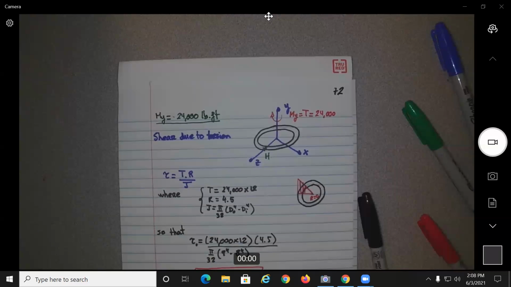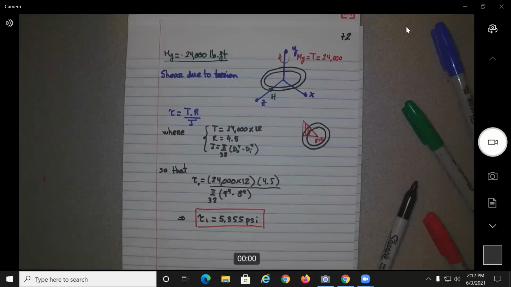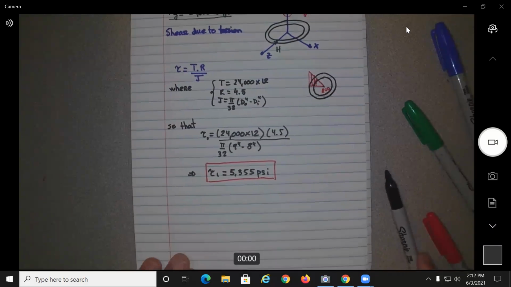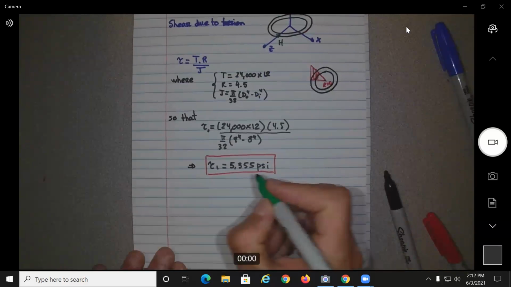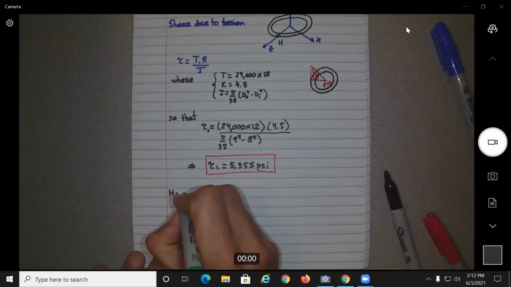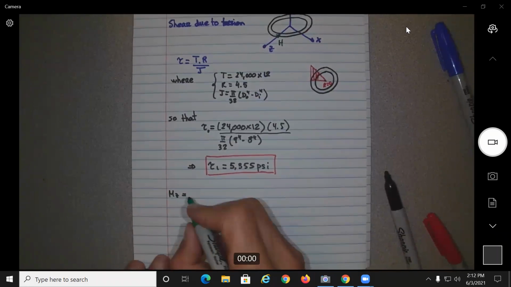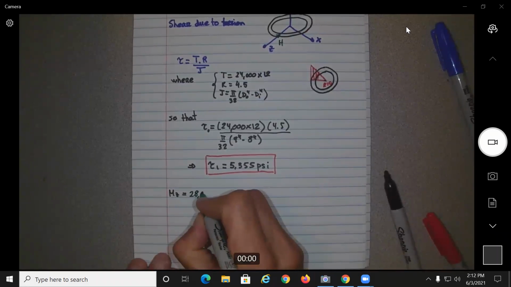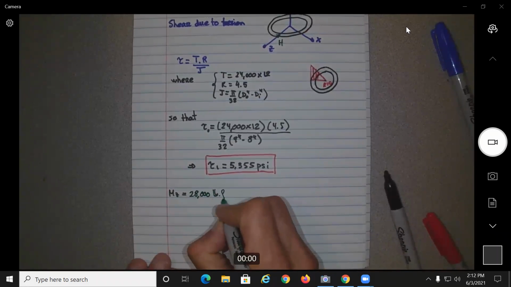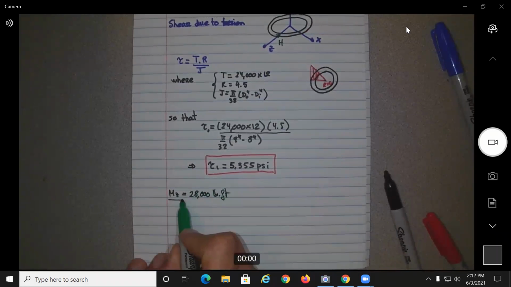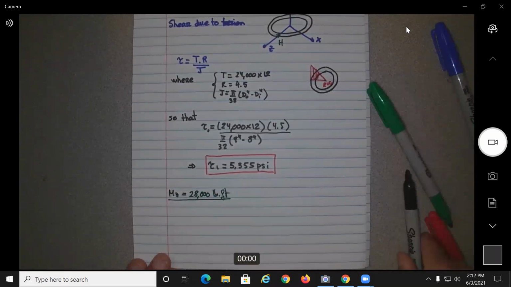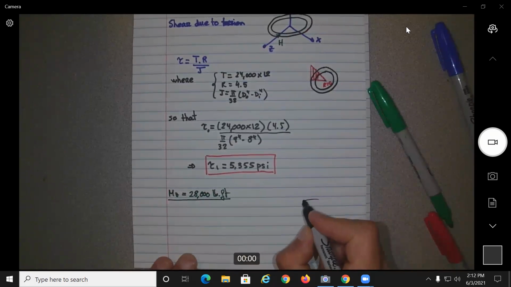Okay. Now we look at what is created by the moment Mz, which is equal to 28,800 pounds per foot. So following the same procedure as before, I'm going to do a little figure here.